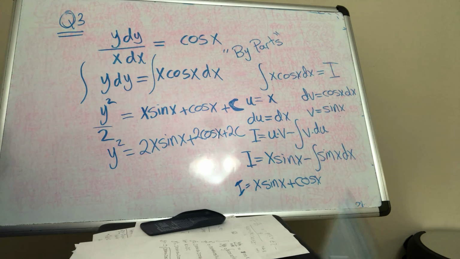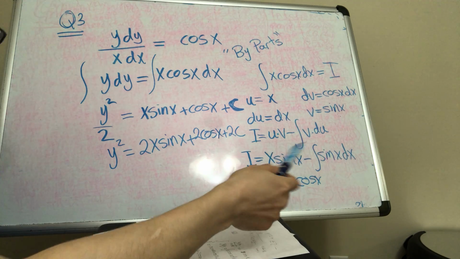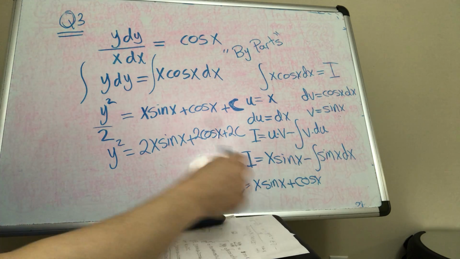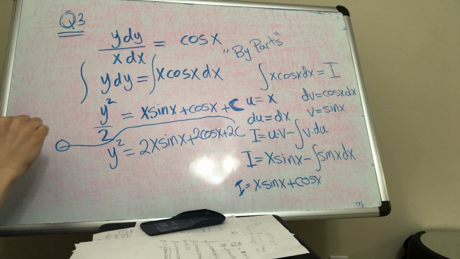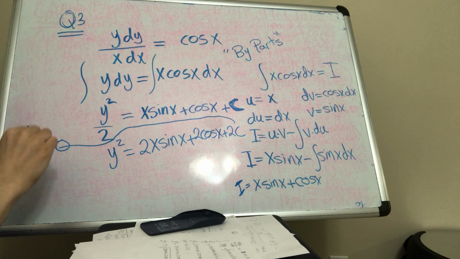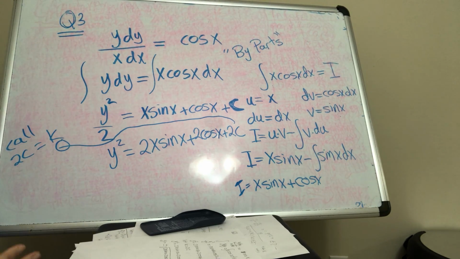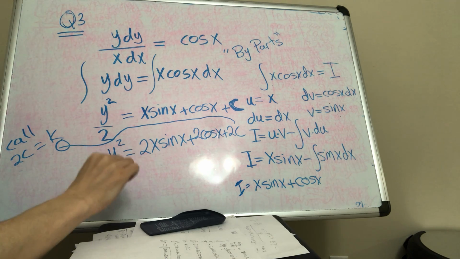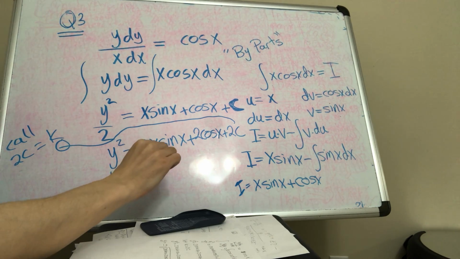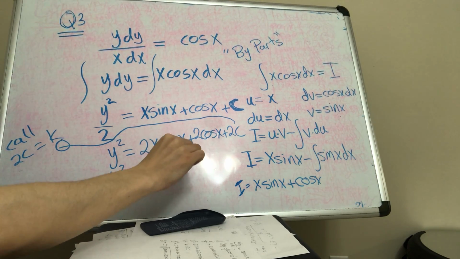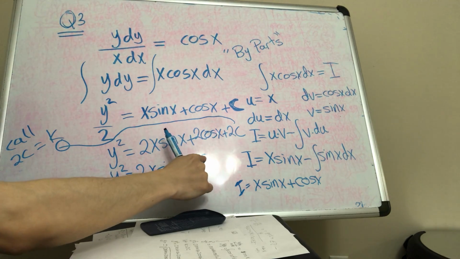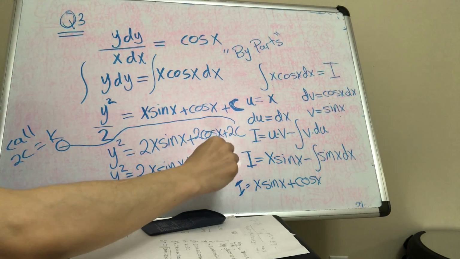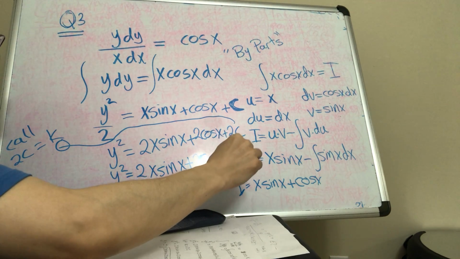Since you know c is a constant, a number, 2c is also a number, so we can call 2c k. You don't have to leave it as 2c. You can just call it k. So now y squared equals 2x sine x plus 2 cosine x plus k.